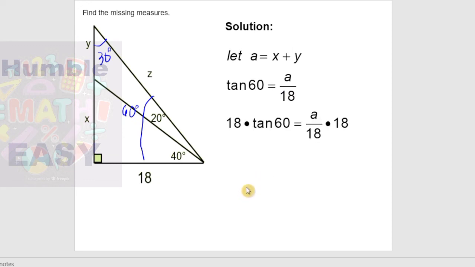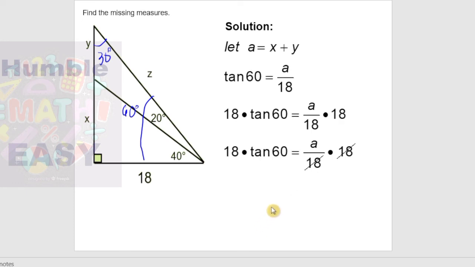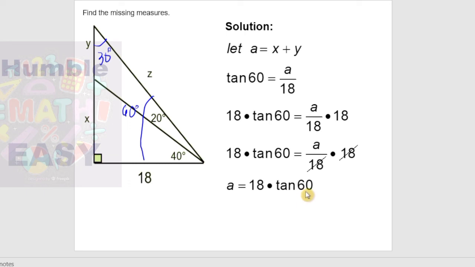So to get the a, multiply both sides of the equation by the denominator, which is 18, so that we could simplify it. We cancel the 18 on the right side of the equation because it is equivalent to 1. So what is left for the next step is a is equal to 18 times tangent 60.